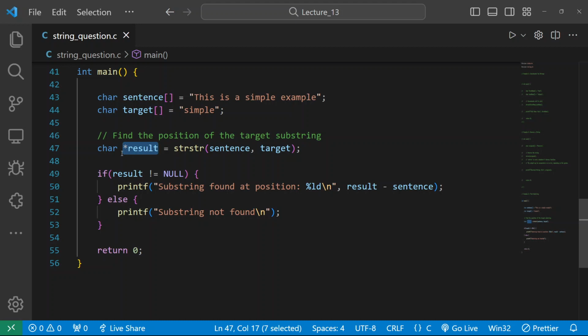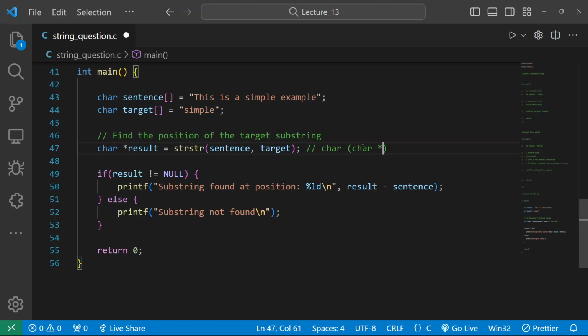It represents that result is declared as a pointer to char. No need to worry. If you don't understand, you will understand it after learning pointers. But I wanted to introduce it today.